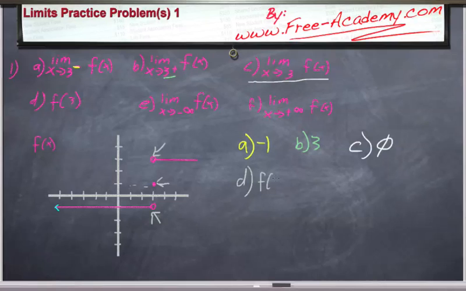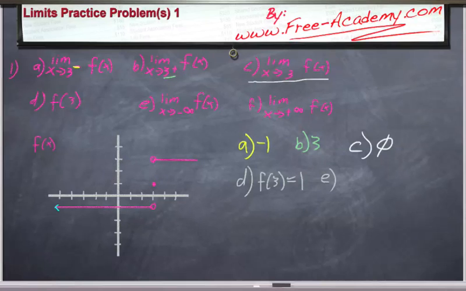So f of 3 equals 1. So the limit approaching from the left is negative 1, the limit approaching from the right is 3. There is no global limit, and the value of the function at 3 is equal to 1. So we can get a lot of different answers out of a single problem doing limits.